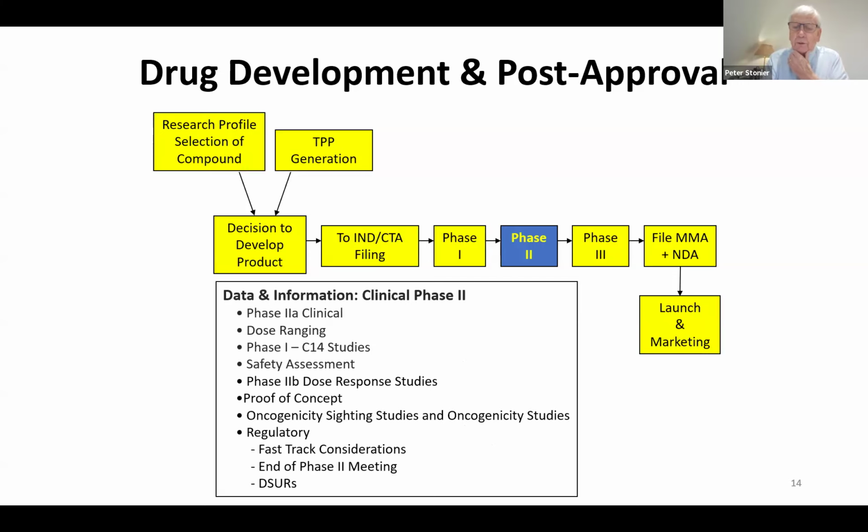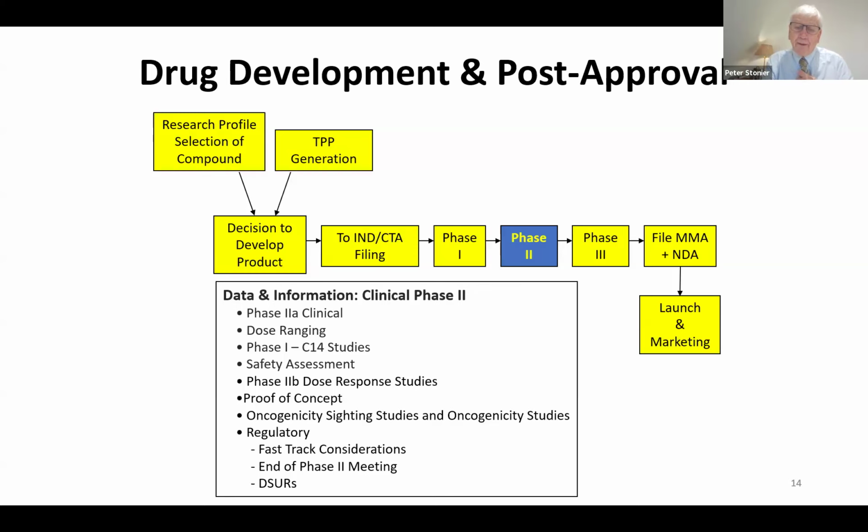We're looking at more specific safety assessments with the emergence of adverse event reports, and so forth. And we're looking here at the proof of concept of the drug as well. And obviously a safety assessment at this point is extremely important as to whether this represents a go, no-go decision for further development.